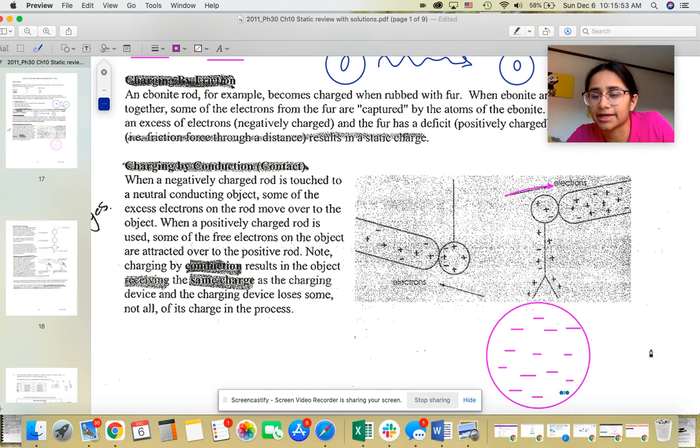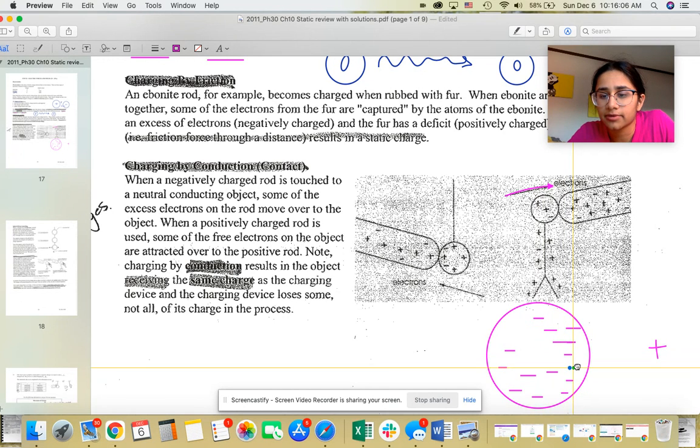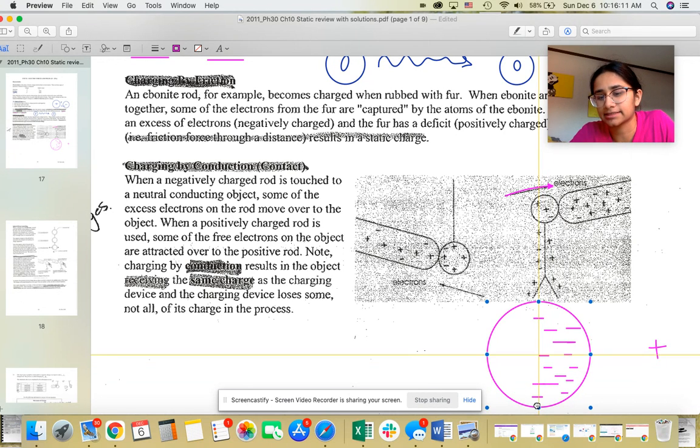So if you bring a positively charged object here, most of these electrons are going to cluster and move towards this positive charge, somewhere around this area, because they're free to do so. They're allowed to move closer, and this is because of that property we touched on before, where unlike charges attract each other.